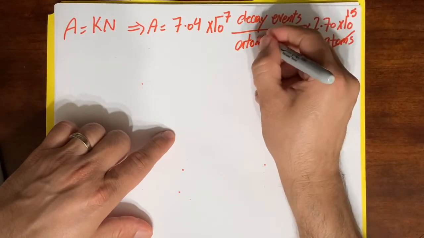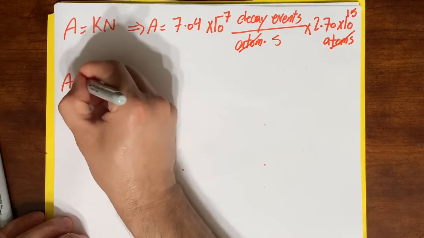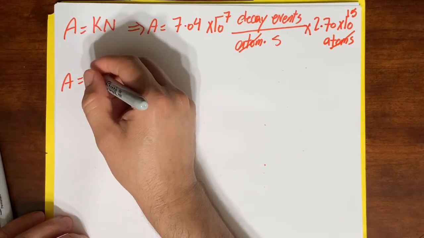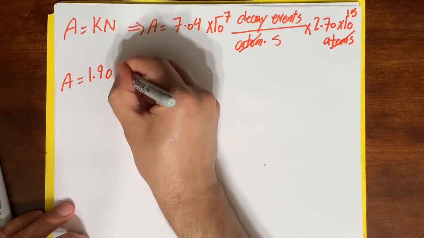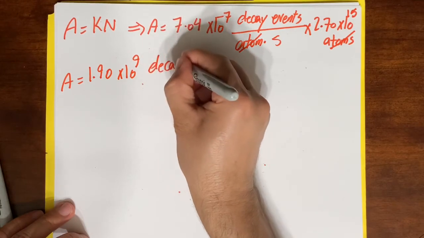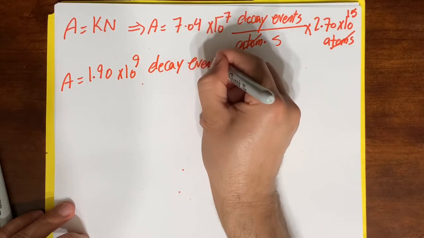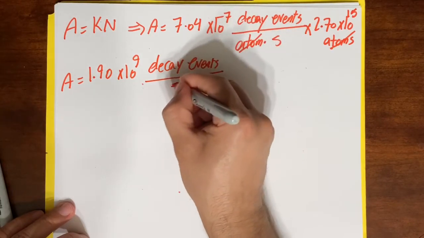Atoms by atom cancel, so we get A equal to 1.90 multiplied by 10 to the power of 9 decays divided by second.